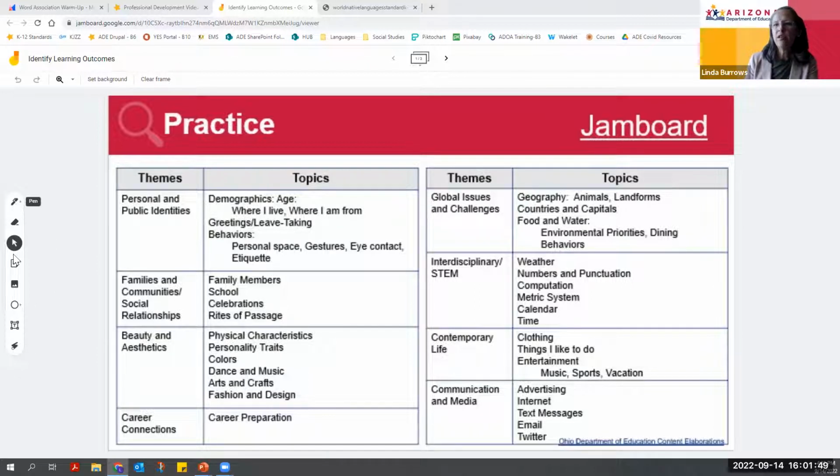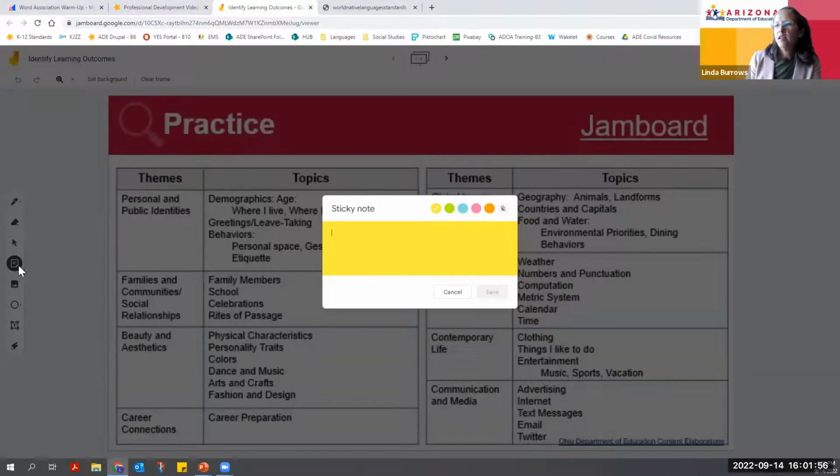So what I'd like for you to do is take a sticky here, and we're going to practice doing an essential question. A sticky note may say, what environmental issues do the people that live in blank have, and how are they similar and different to my environmental issues?